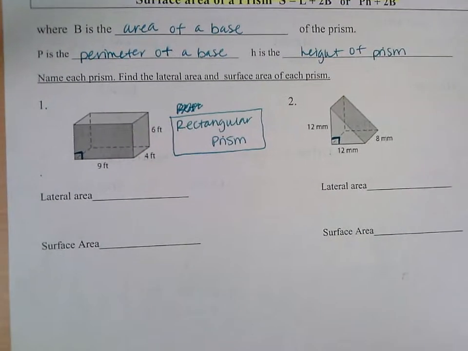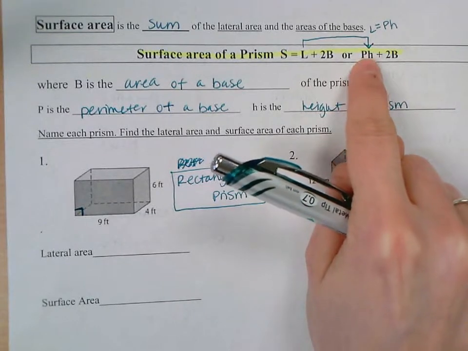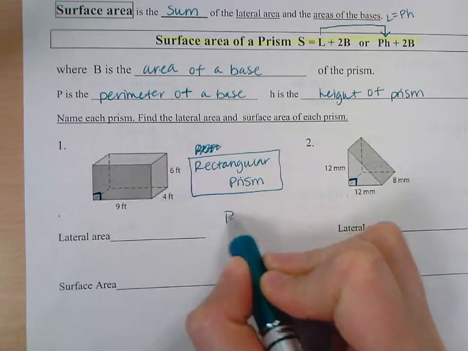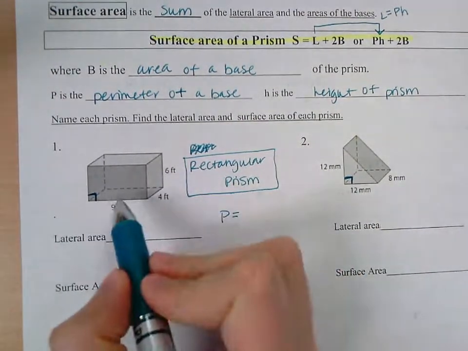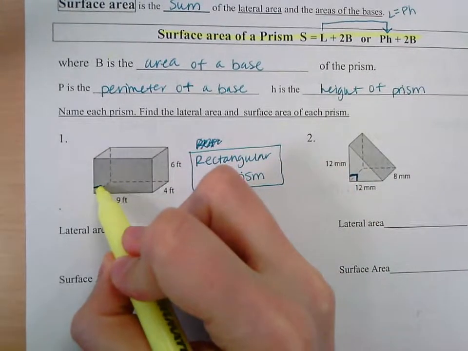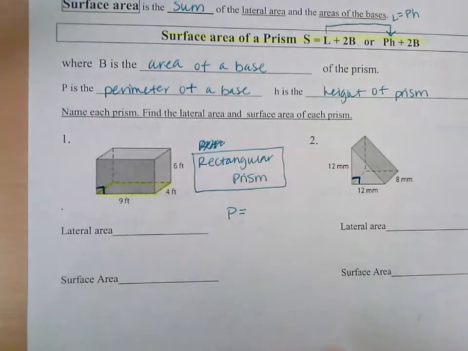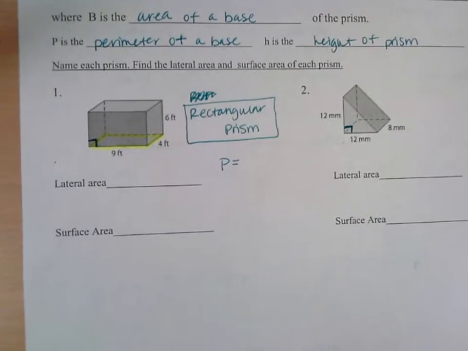So if we find the lateral area first, in order to find the lateral area, we need to know the perimeter of a base, and we need to know the height. So I'm going to show here, I'll put capital P equals. I'm going to highlight my base. I can use this as my base. So that rectangle that has a length of 9 feet and a width of 4 feet.